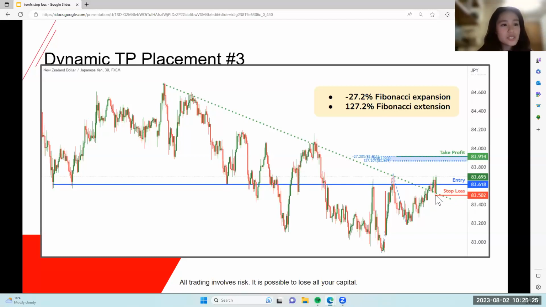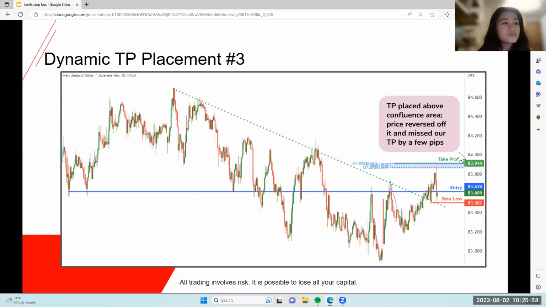Then our stop loss level is just at the swing low here, and our take profit is in line with many Fibonacci levels that you can see here. So it's a negative 27.2% Fibonacci expansion, as well as 127.2% Fibonacci extension. So with these two lining up at our take profit level, remember you want to place your take profit before instead of beyond your Fibonacci levels.